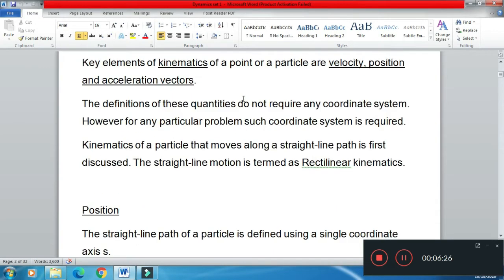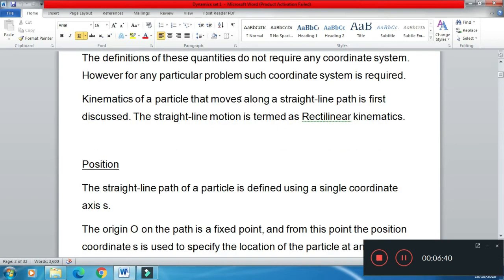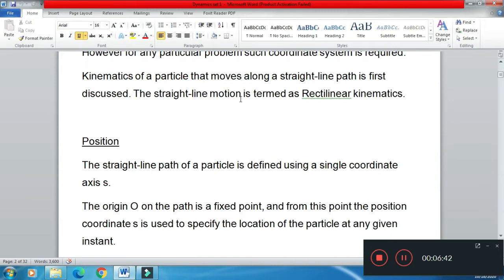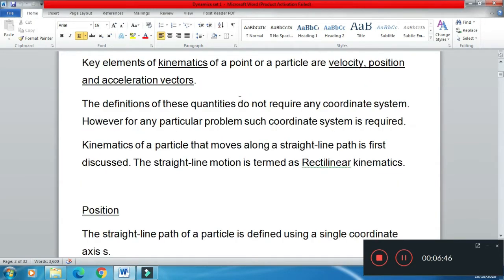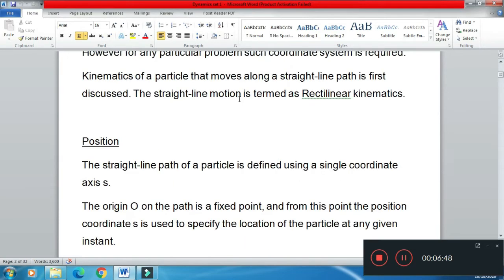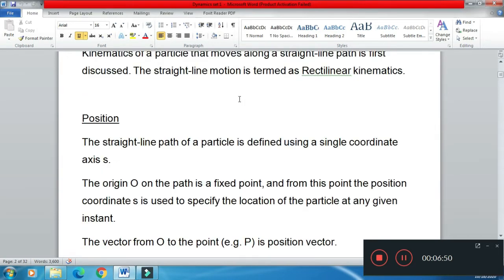There are various types of motion. We consider the simplest type of motion in the first instance. The simplest motion is the motion which is in a straight line, which is termed as rectilinear kinematics. So for the study of the kinematics, we first consider the position.